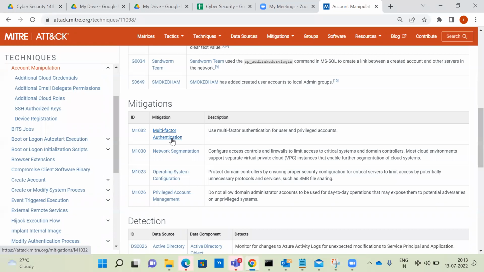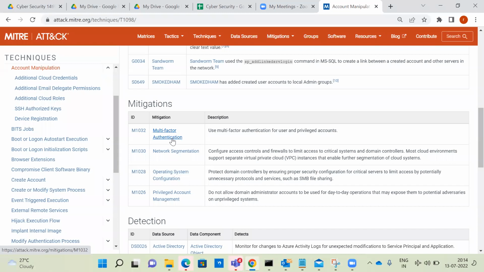Example, whenever you are entering into any application nowadays, either a code will come like an OTP, or you have to accept something from your mobile like Microsoft Authenticator or Google Authenticator, checking the identity of the person. Sometimes it will ask a CAPTCHA, sometimes security questions also.